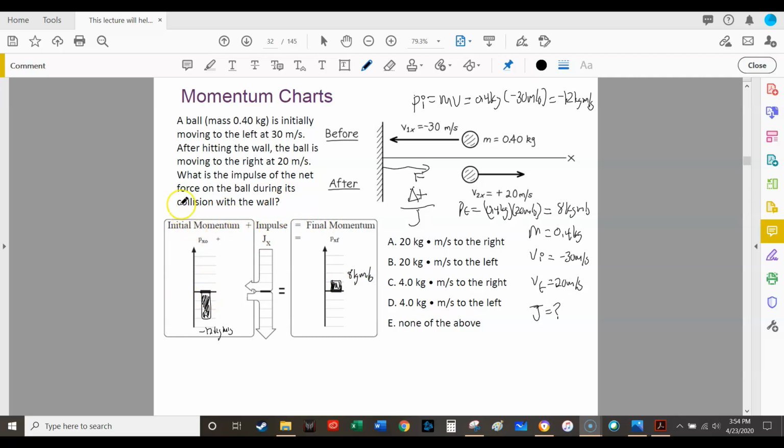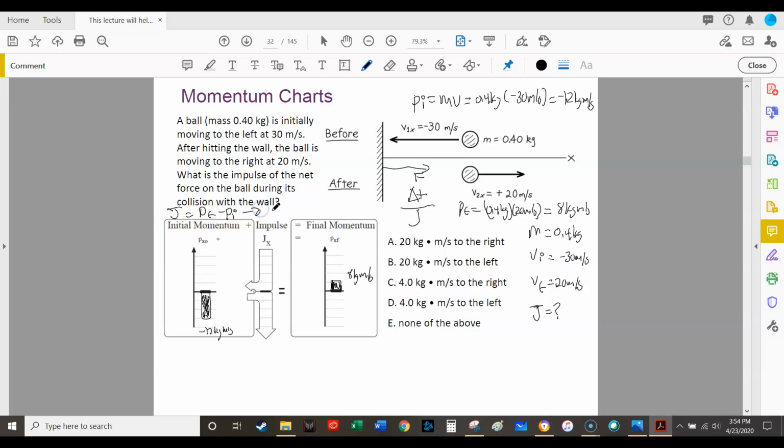This bar chart is actually representing our equation, right? J vector equals momentum final minus momentum initial. The force F delta t equals the change in momentum.